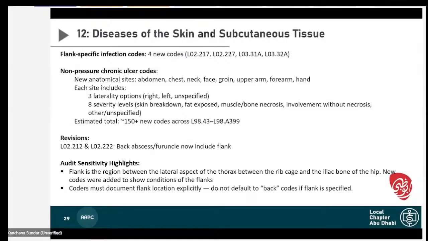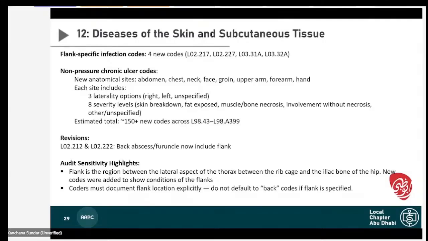And especially with the non-pressure chronic ulcer codes, we see 150 new codes. Can you imagine 150 new codes have been included in non-pressure chronic ulcer codes, because this has been included with the new anatomical regions like abdomen, chest, neck, face, groin, upper arm, forearm, head, etc. With laterality, severity, and all its unspecificity, the estimated total is 150 plus codes being impacted with these changes.